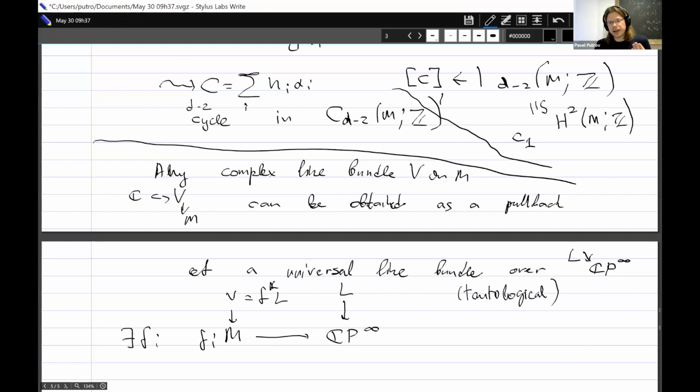What is CP^n? What is a complex projective space? It's the space of lines in an n-dimensional complex plane, right? For a point in this space of lines, we can also consider the line itself. That's why this defines a topological line bundle over CP infinity.